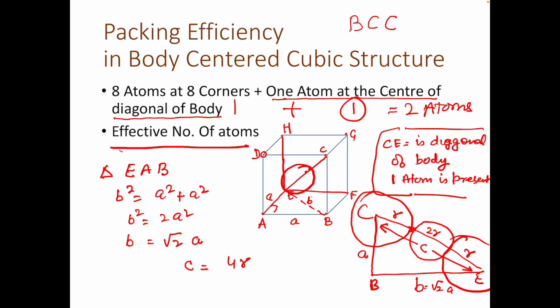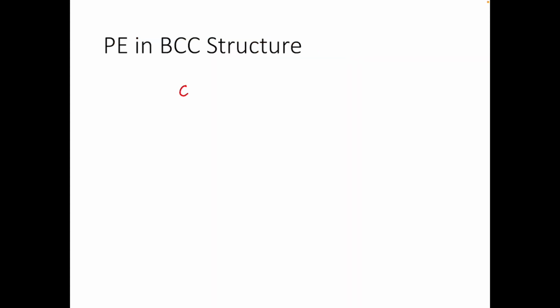Then C square is equal to A square plus B square, which is equal to A square plus A square, so 2A square. Then C square is equal to 3A square, and C is equal to 4R.